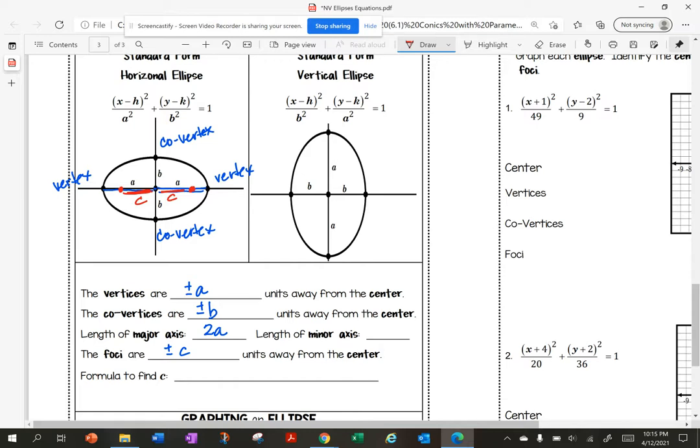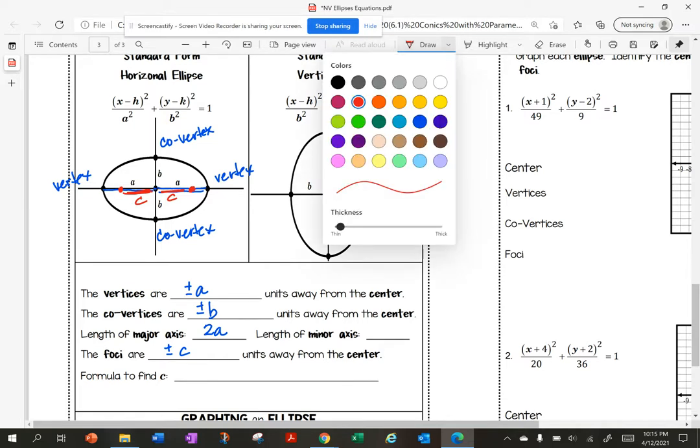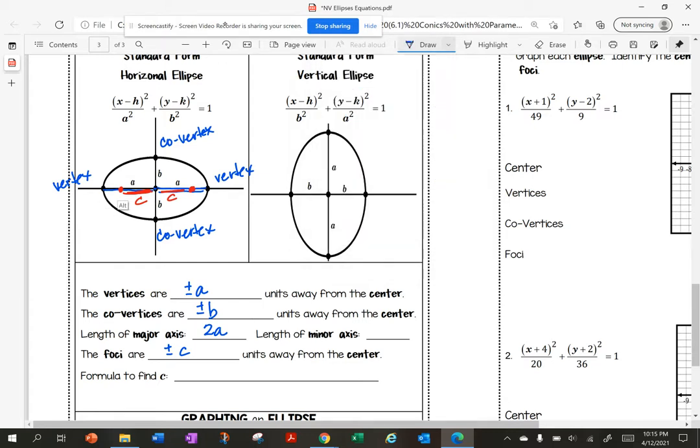If I move this a and form a triangle, I'm going to move the a here. So this would be a, b is a leg, and c is a leg. I'm going to have a right triangle here. So the formula to find c, because I know a and b from the equation, and I'm always trying to calculate c: c is a leg, and a is the hypotenuse.